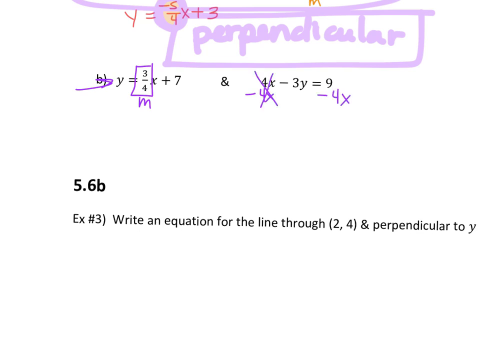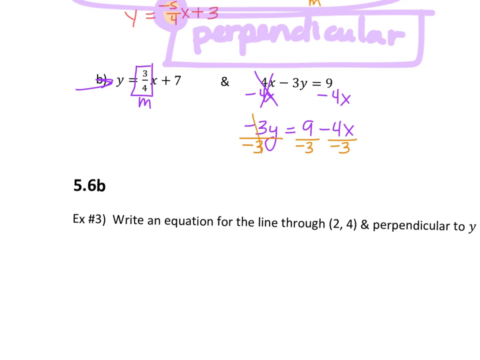Now we have negative 3y equals 9 minus 4x. I prefer negative 4x plus 9, because that's in slope-intercept form. Then divide by negative 3. Remember, when you divide, you have to do it to everything.